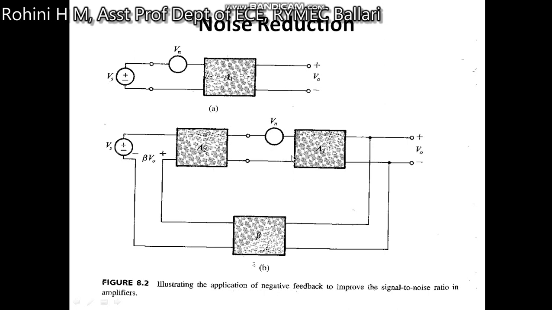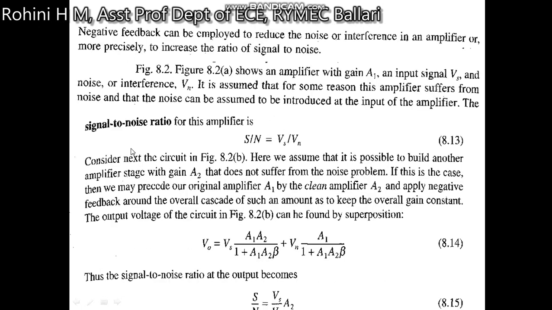The original amplifier A1 is kept as it is, and before this we are adding one more amplifier, called a pre-amplifier. The gain of this pre-amplifier is A2. Here we are applying the input signal from the source, that is Vs. So the pre-amplifier is added in the circuit here.